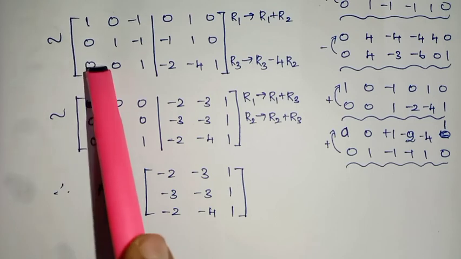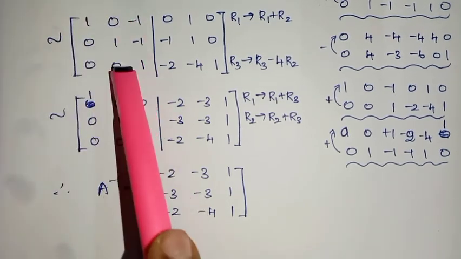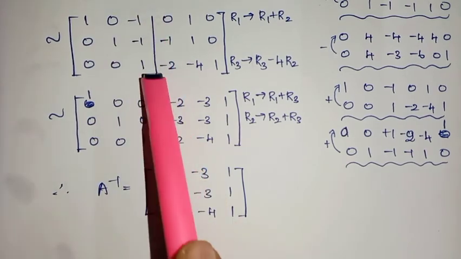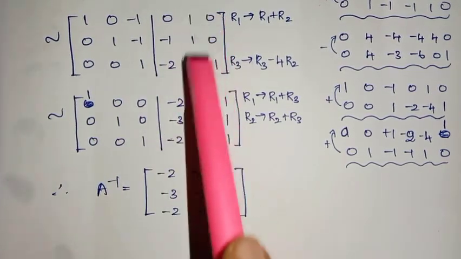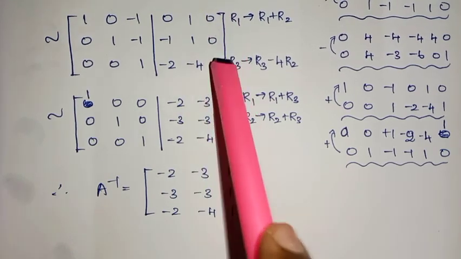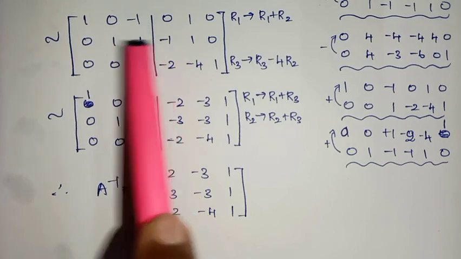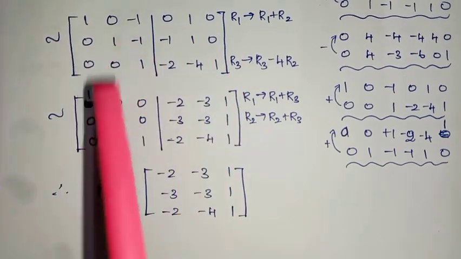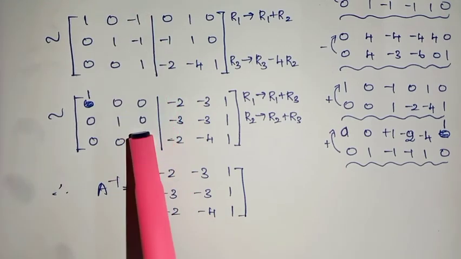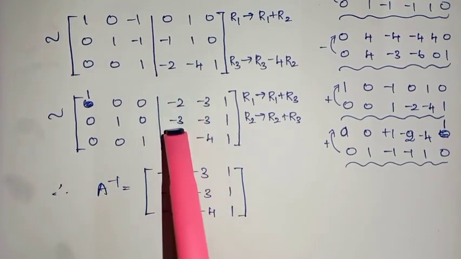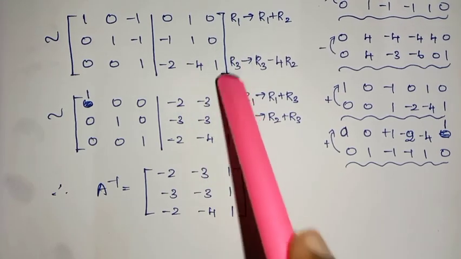So 1 plus 0 is 1, 0 plus 0 is 0, minus 1 plus 1 is 0, 0 minus 2 is minus 2, 1 minus 4 is minus 3, 0 plus 1 is 1. Right? Now to make this element 0, add the second row and the third row. 0 plus 0 is 0, 0 plus 1 is 1, minus 1 plus 1 is 0, minus 2 is minus 3, 1 minus 4 is minus 3, 0 plus 1 is 1.